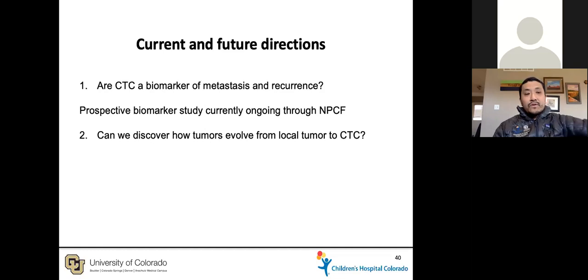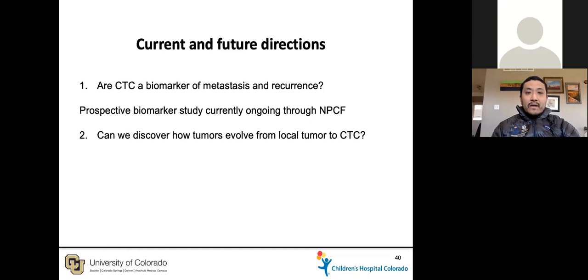So the current future directions for CTCs in sarcomas really are trying to figure out, we have the technology, we can find these cells. Are CTCs a biomarker of metastasis, recurrence, disease burden? The current understanding seems to be that it might be more a risk factor for metastasis and recurrence, but that really can't be determined unless you have a larger scale study, which we are currently doing.